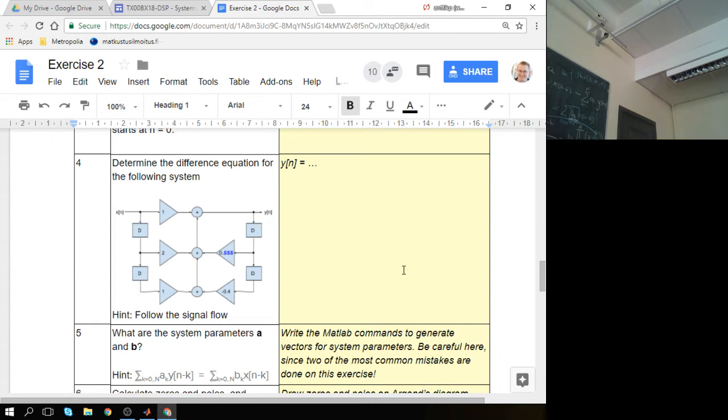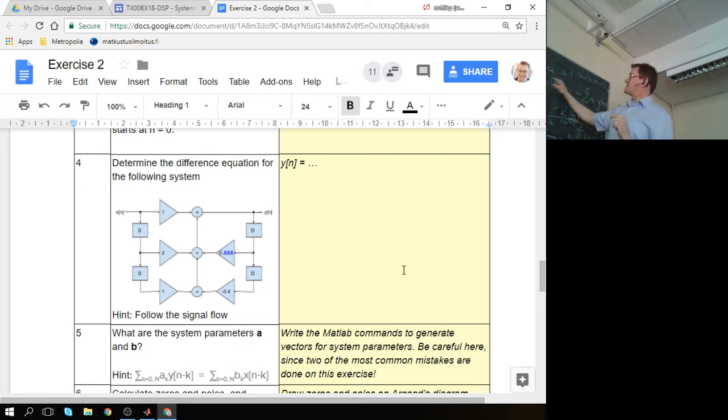So we have a system described by this nice flow chart. You need to first figure out what is the difference equation, then define the parameters A and B. Remember, be careful. This is probably the exercise where we get most of the errors. Sign error.